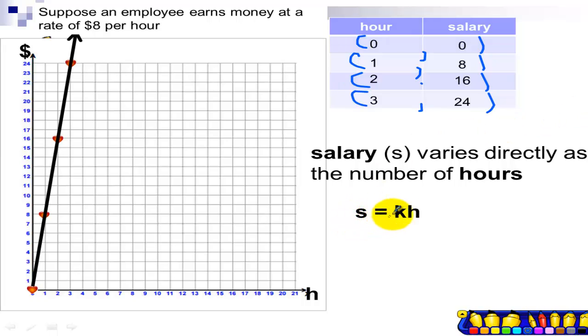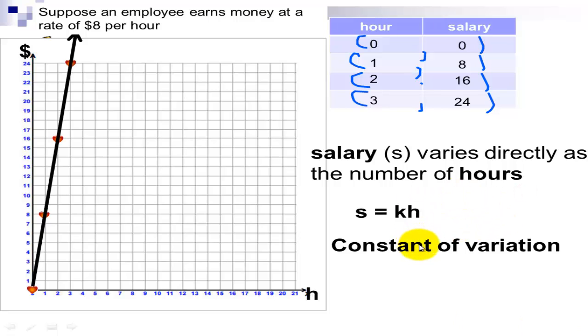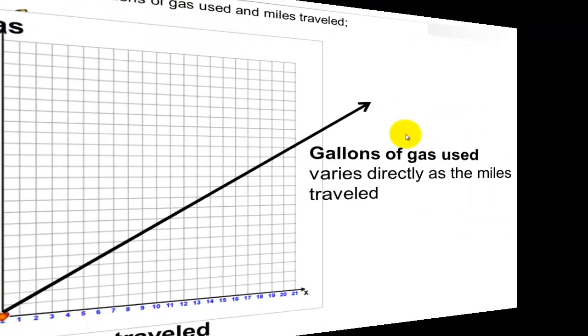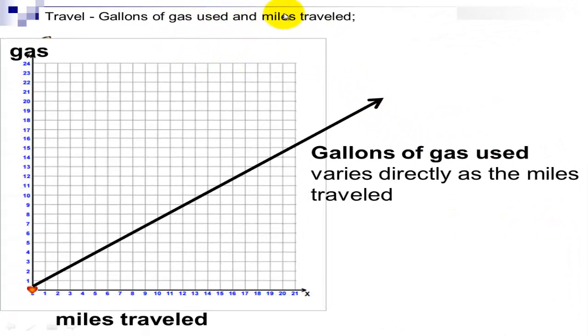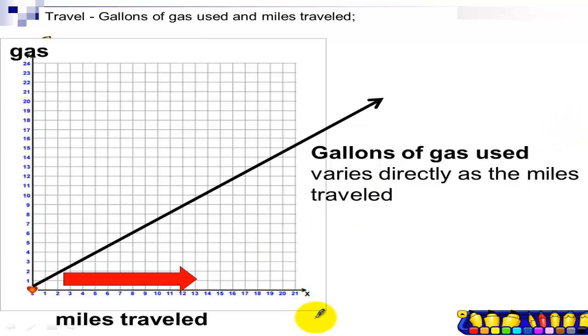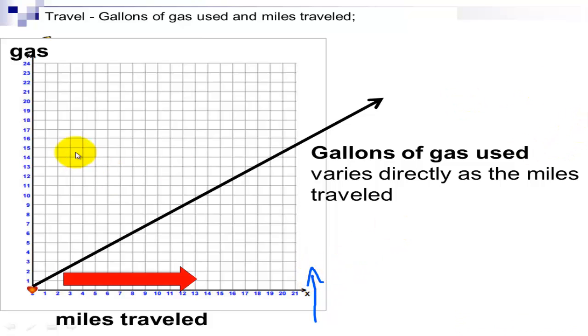And this was the equation that we used before. Salary varies directly as the number of hours. And we said that the constant of variation is S divided by H. Now, another example: miles traveled and gallons of gas used. The more miles that you travel, the more gas the vehicle is going to consume. So if the number of miles traveled increases, then the gas consumption also increases.